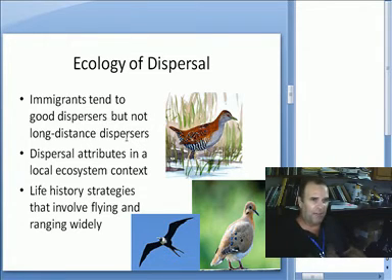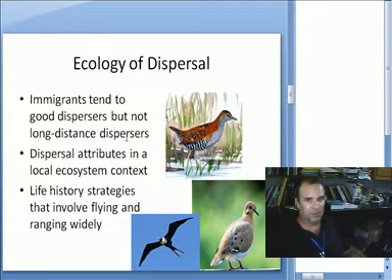So we have plants and animals which are dispersers. They try and disperse, but within a local ecosystem, only on the scale of hundreds of meters to maybe the scale of kilometers. And they have life history strategies which involve morphological and physiological adaptations which allow them to do this type of dispersal.